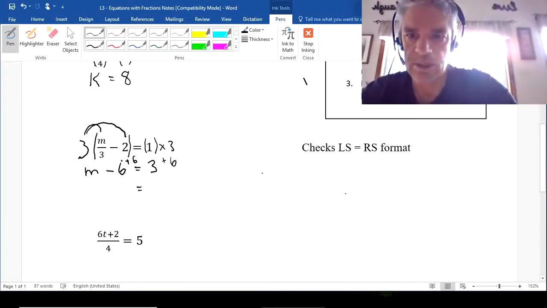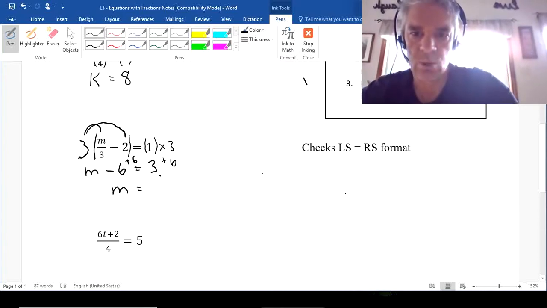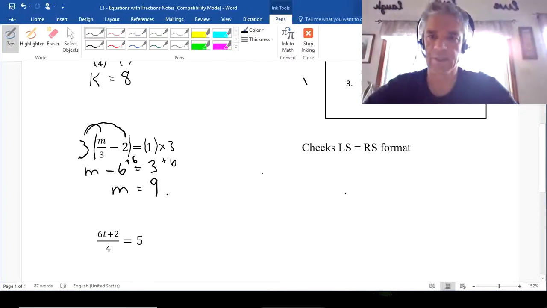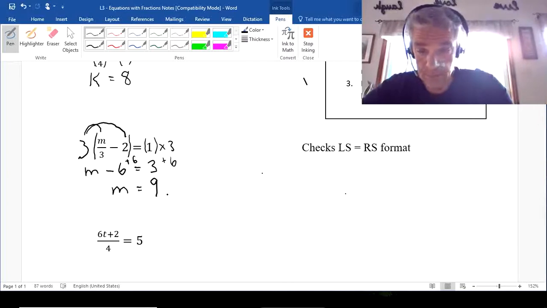M will be what's left here because this is 0. The whole purpose of adding 6 is to eliminate this term. And so that's what we've done. We're now at m equals 3 plus 6, which is 9. And there's my answer. Beautiful. Okay. So I now can move on to an even more complex question.